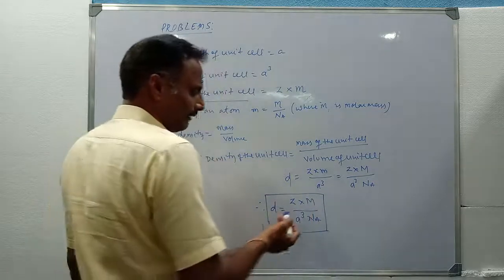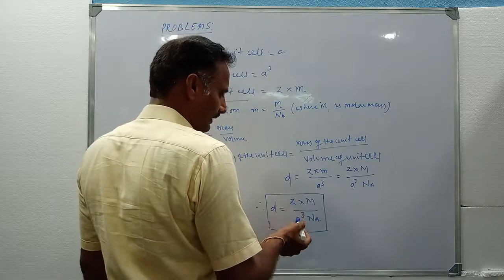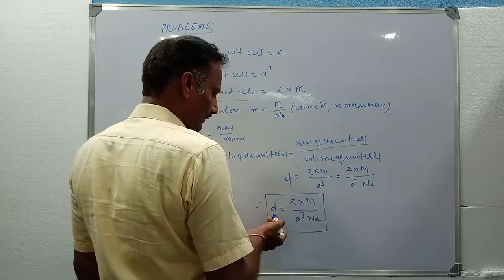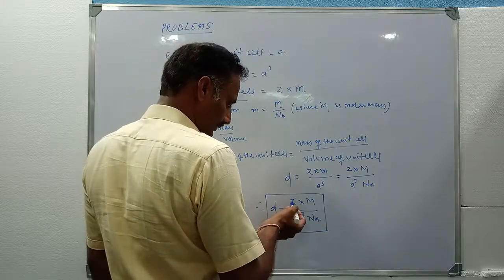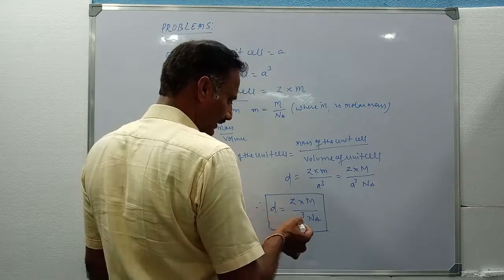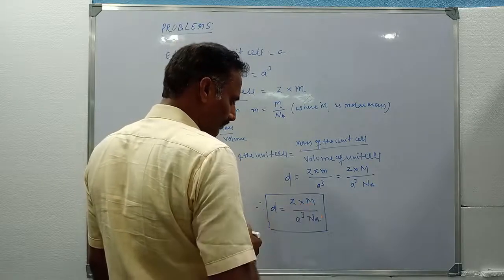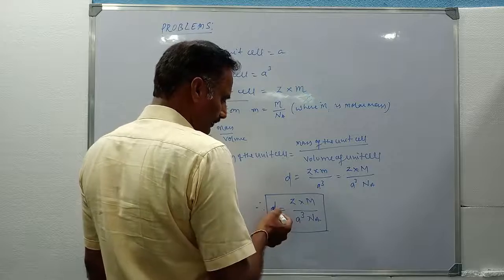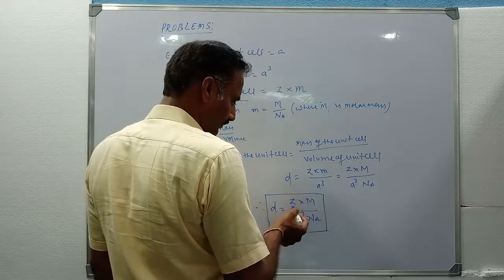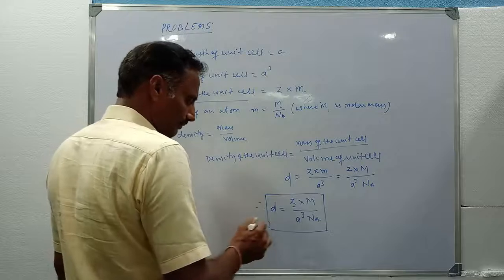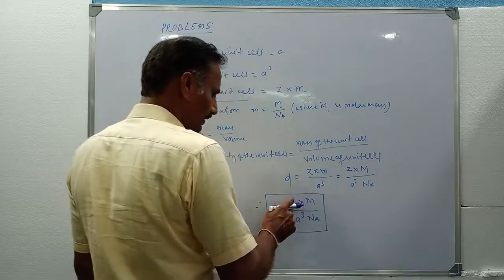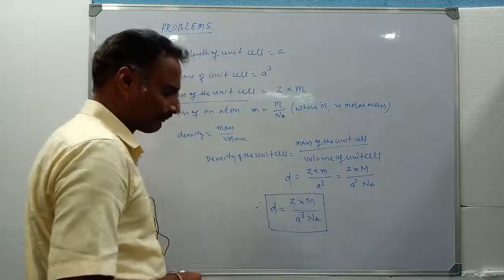By knowing the molar mass of the compound, Z and edge length, we are calculating the density of the unit cell. By knowing Z, D and a cube, we are calculating molar mass. By knowing a cube, D and M, we are also calculating the nature of the unit cell. This is an important formula used to calculate the density of the unit cell.